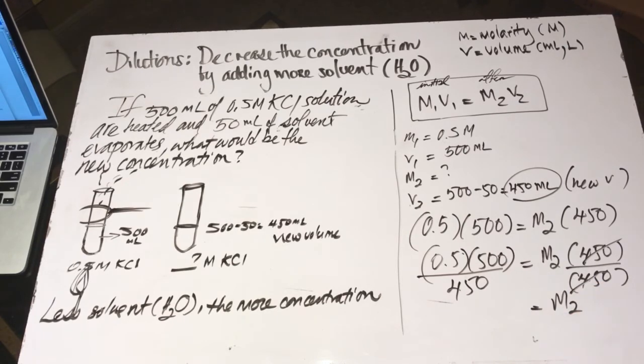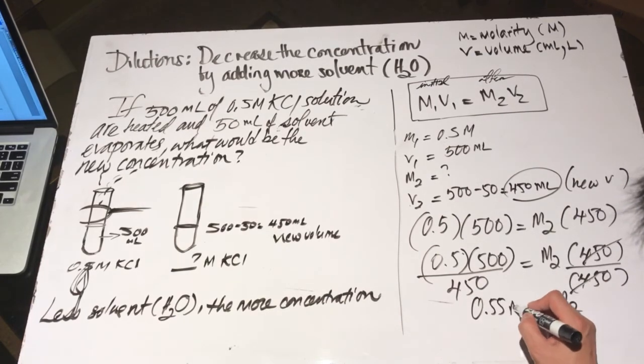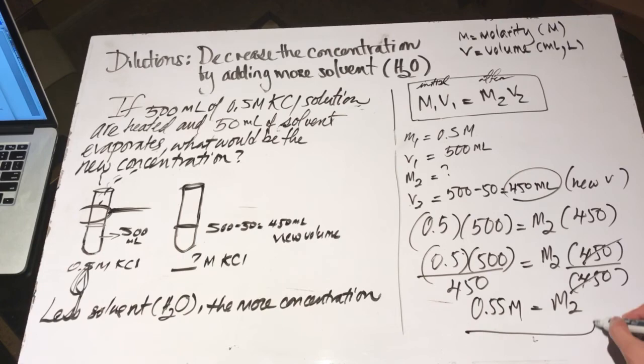Your second molarity should be 0.55 molar. So your new concentration is a little bit more than the original, and that confirms that when you have less solvent, your concentration should be more. That's what it is.